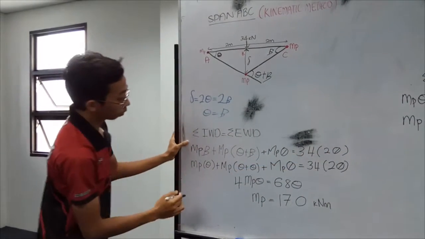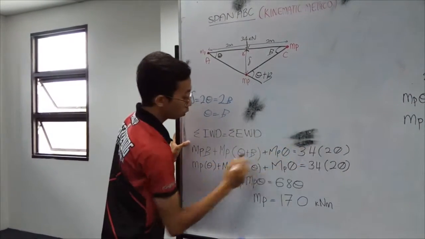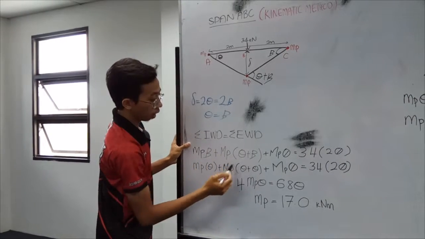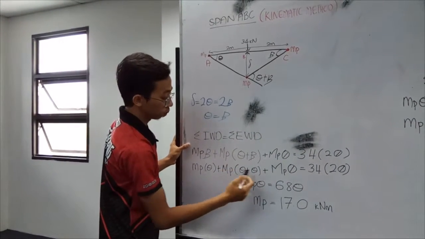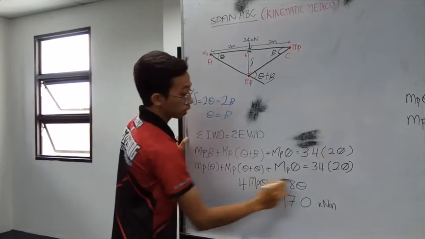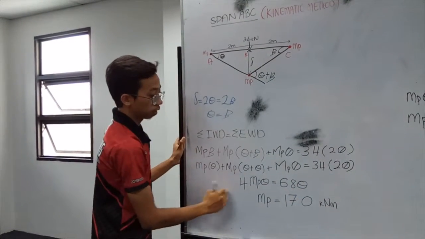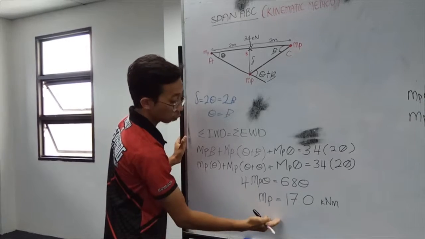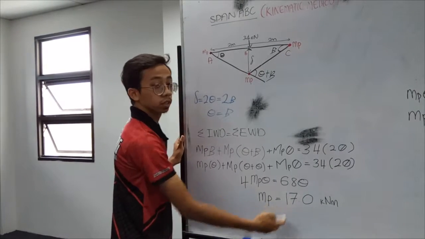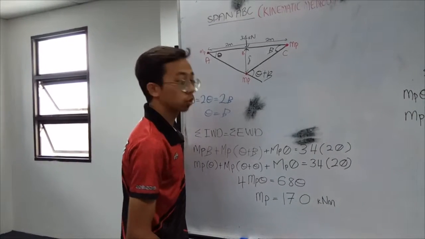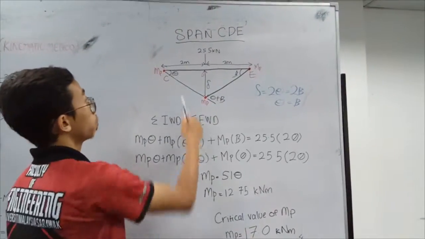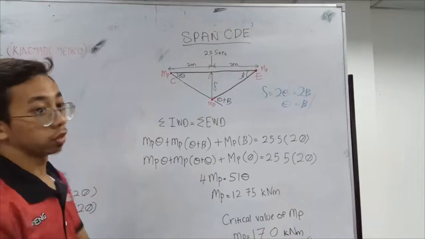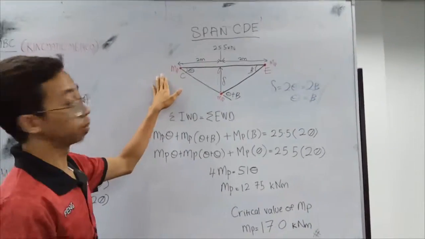For this equation, we can choose to replace theta or beta. Here I choose to replace beta, and I got an equation full of theta. Then we calculate, and we got the plastic moment equal to 17.0 kilonewton meter.